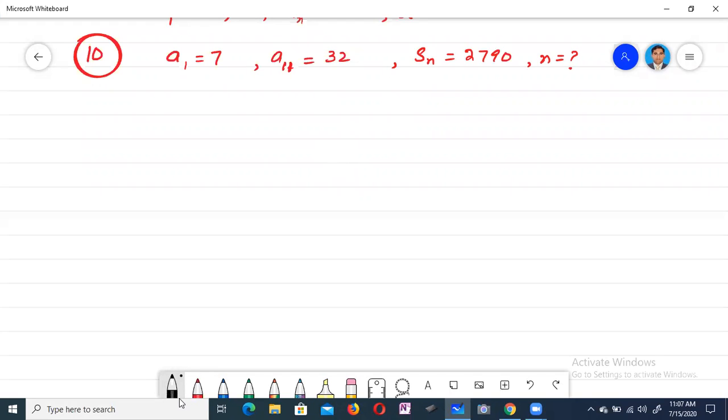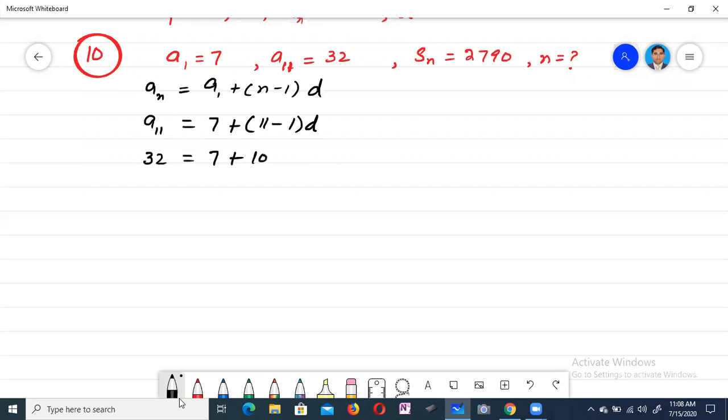Now we will start to solve the question. First of all, we will use the formula for the general term: An is equal to A1 plus (n minus 1) into D. Here A11 is given. Using n equal to 11, A1 is 7, plus (11 minus 1) into D. A11 is given in the question, that is 32 is equal to 7 plus 10D.